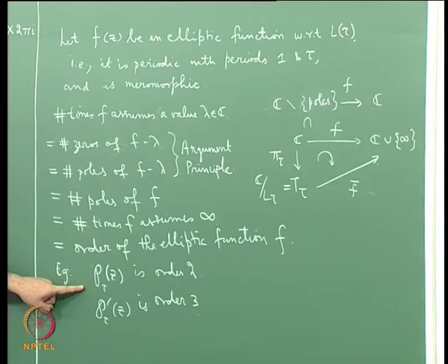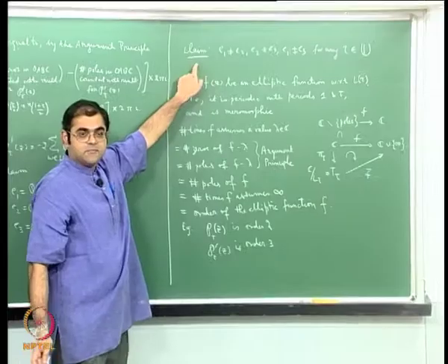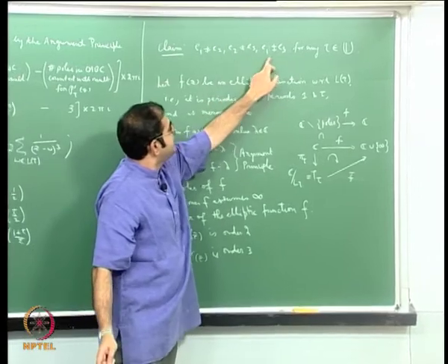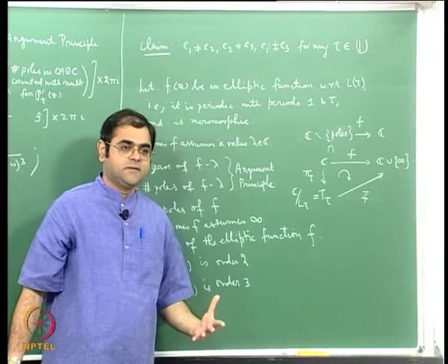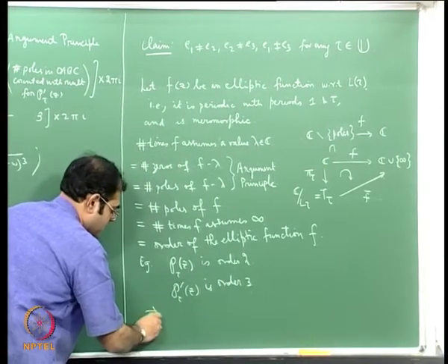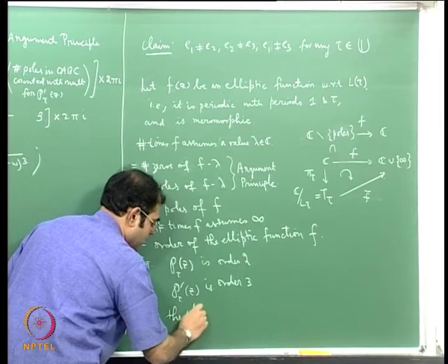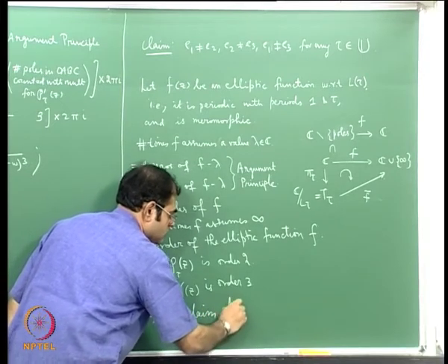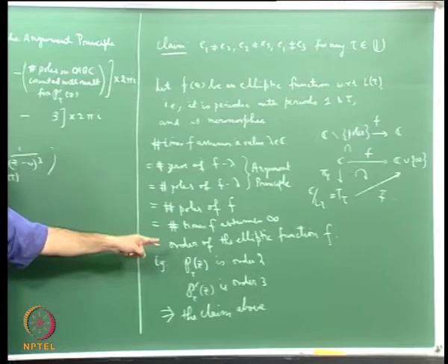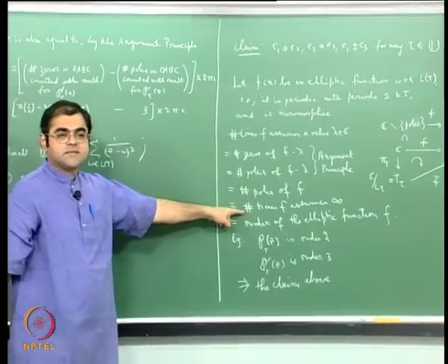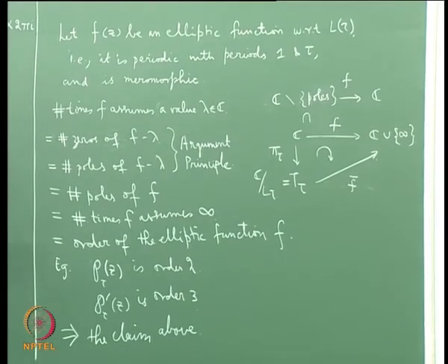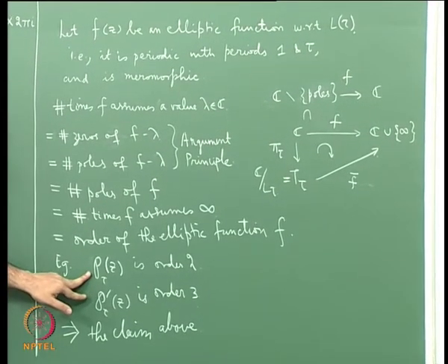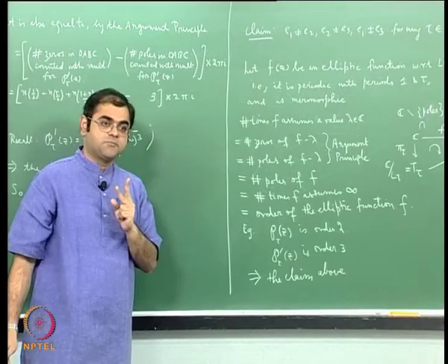So this is the argument that implies the claim that the Ei's are all distinct, and this is extremely important. So this implies the claim above. The elliptic function phi assumes the value infinity twice because it has a pole of order 2.